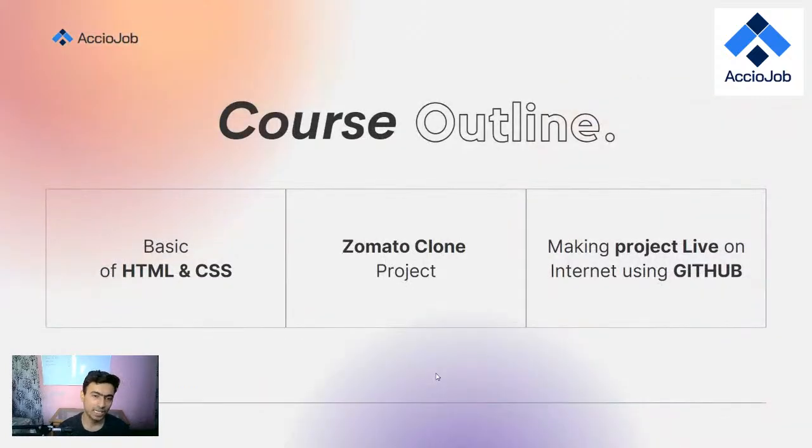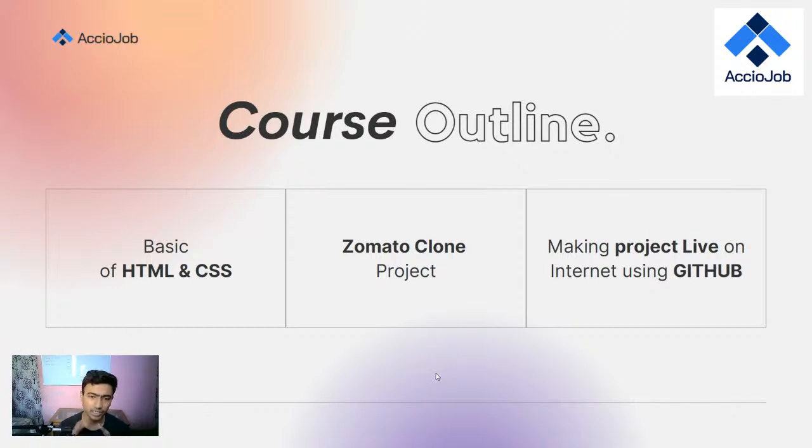So what exactly are we going to cover in this course? We are going to start with the basics of HTML and CSS, and build the Zomato clone along with learning HTML and CSS. If you are very new to HTML and CSS, this is going to be really amazing, and if you have a basic understanding, if you know a little bit about HTML and CSS, then definitely this project will help you a lot in understanding and implementing all of those concepts.